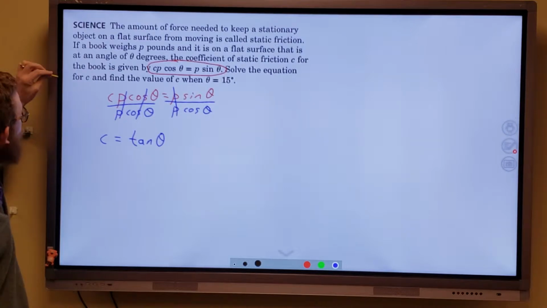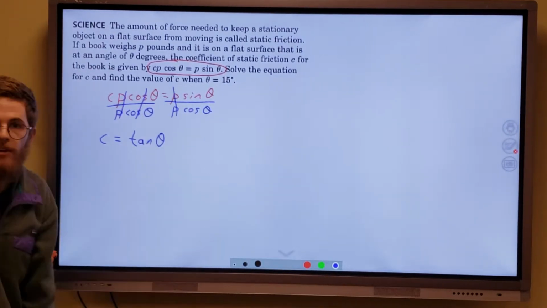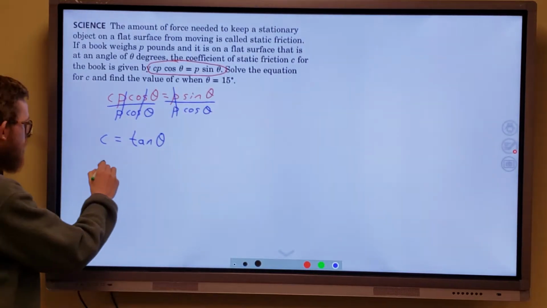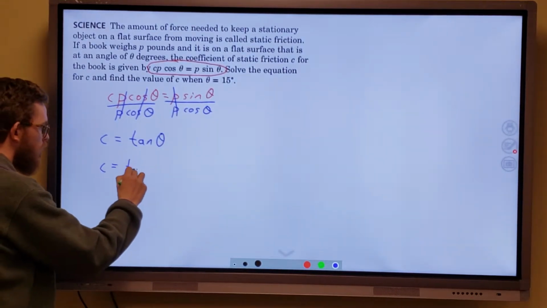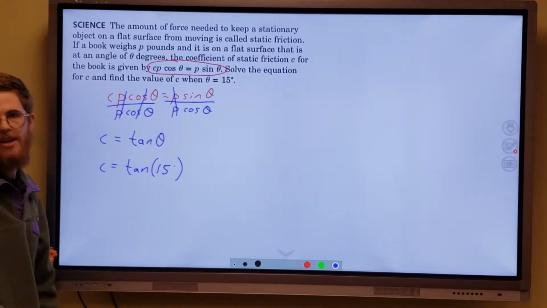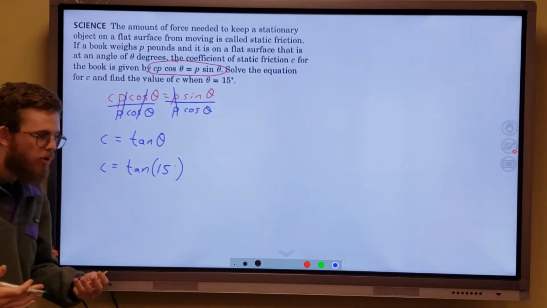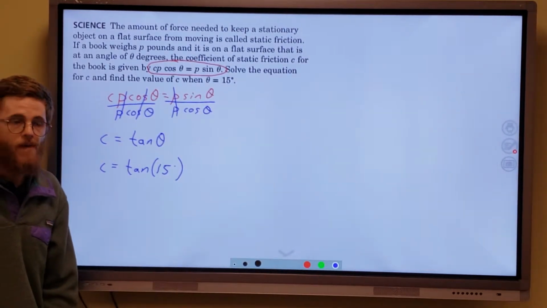We solved the equation for C, and now we find the value of C when theta is 15 degrees. So we want to know what C is when we put in 15 degrees for tangent. We need to evaluate tangent of 15 degrees. That's what this problem really comes down to.